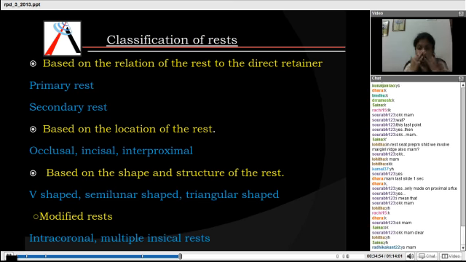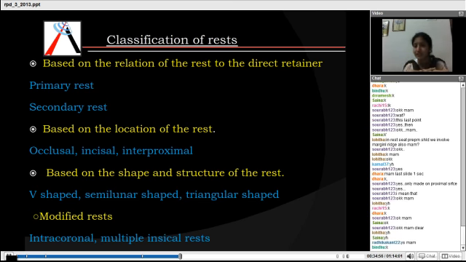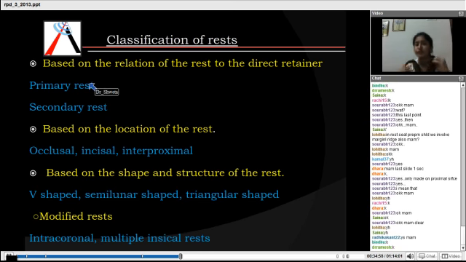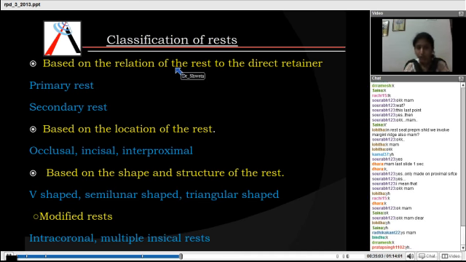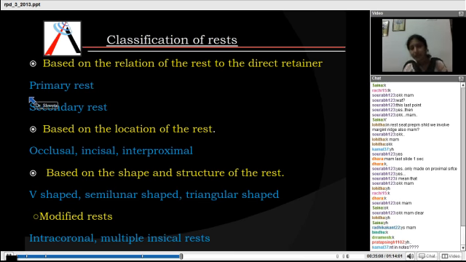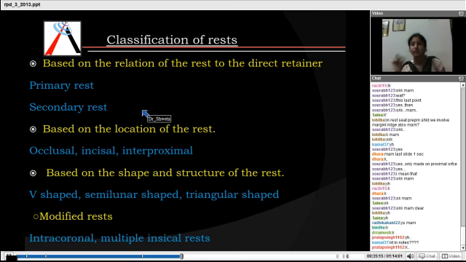Okay, all of you. Now the classification of rests. Now what are the different types of rests? There are many types of rests. In relation to the direct retainer, we have a primary rest and we have a secondary rest. This may not be in notes. Just make a note, because in the notes you have all the rests.